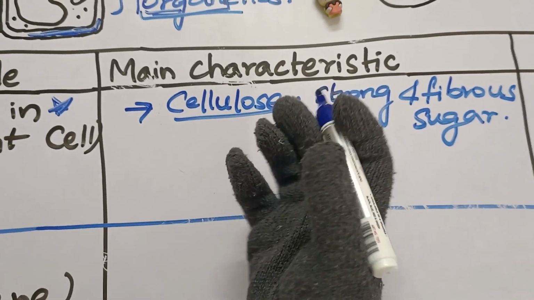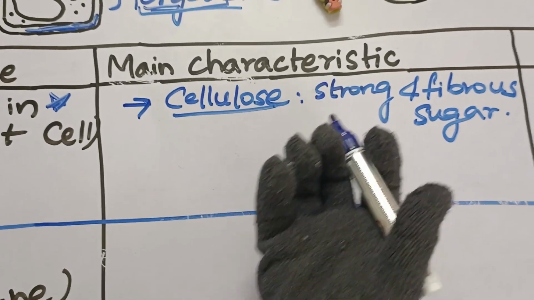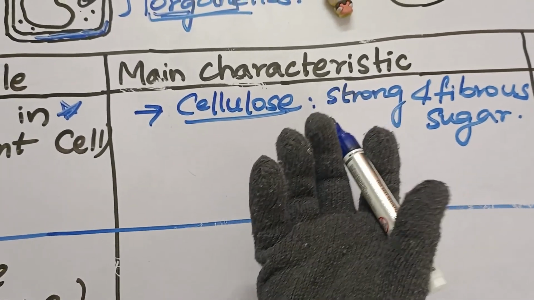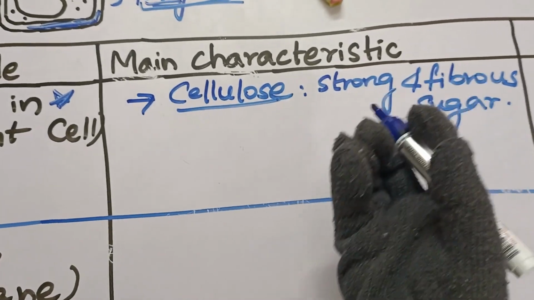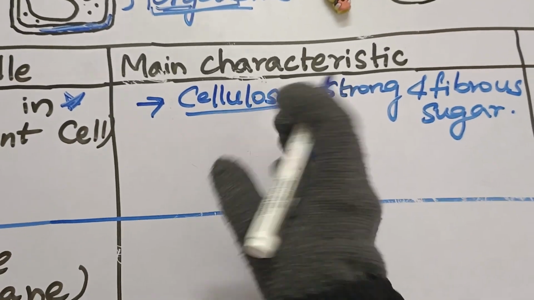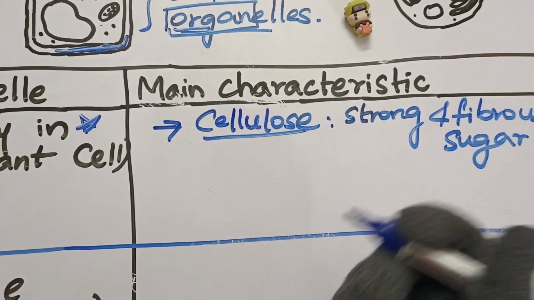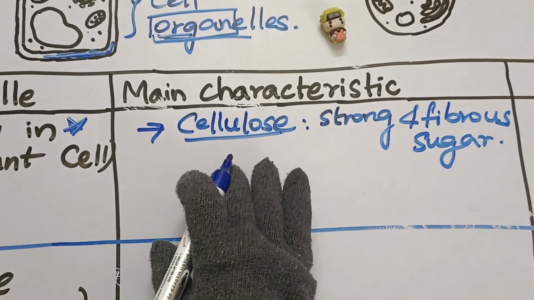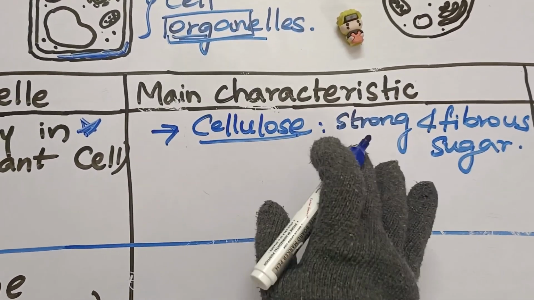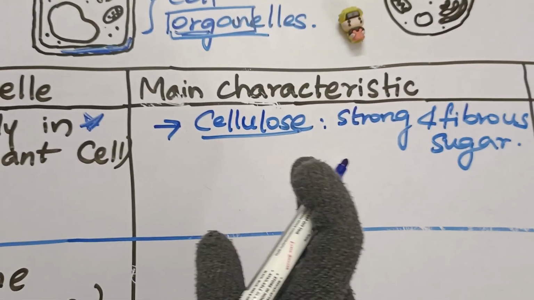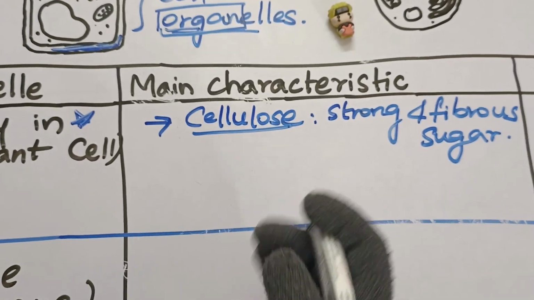It is going to provide the cell with strong support, so that the cell gets the strength to overcome the environmental pressure. It is just like a wall around your house. How the wall protects the house, in the same manner.